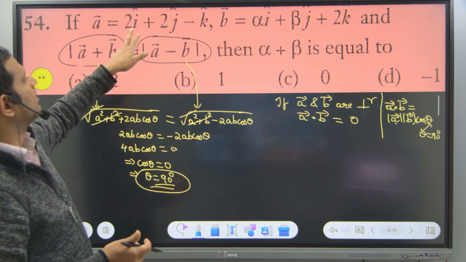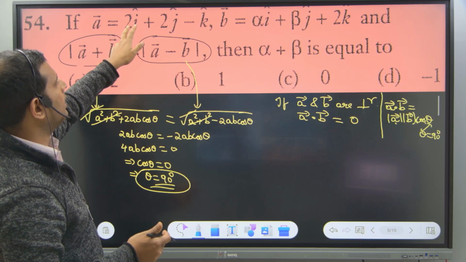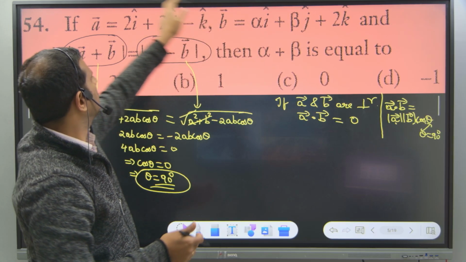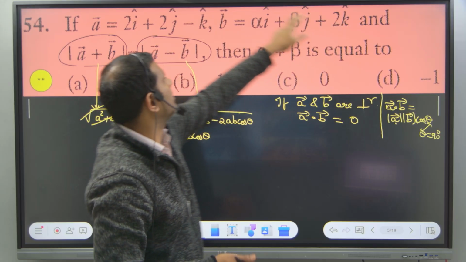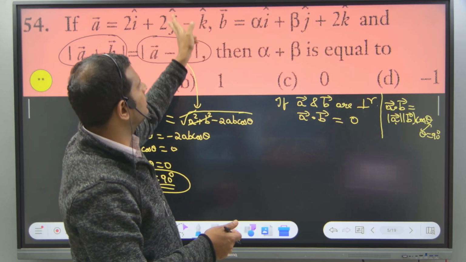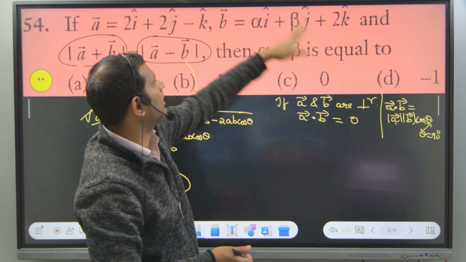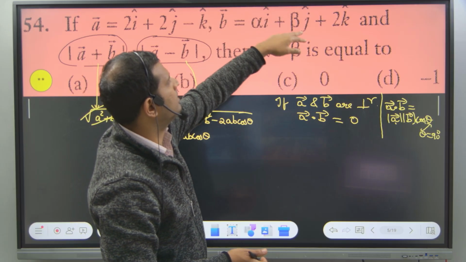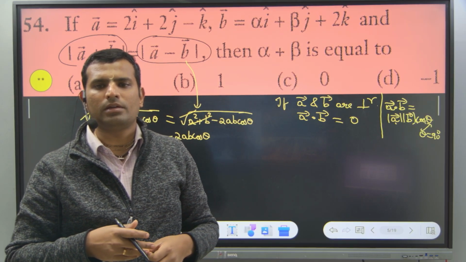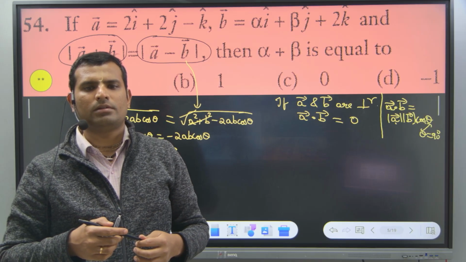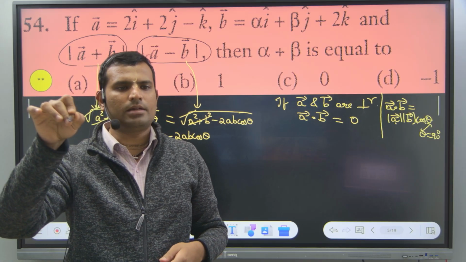You have to multiply i cap with i cap, i cap with j cap, i cap with k cap. Then j cap with i, j with j, j with k. Then k with i, k with j, k with k. So how many terms will you get? You will get 9 terms.